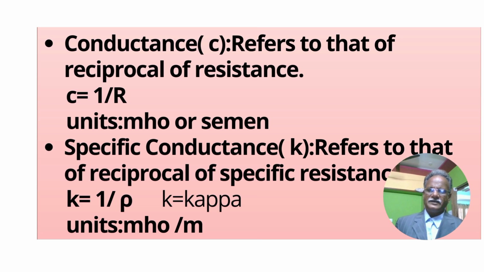It is denoted with K. In Greek, K is called as kappa. Units for specific conductance are mho per meter or Siemens per meter. I am repeating the units again. Units for conductance are mho or Siemens. Units for specific conductance are mho per meter or Siemens per meter.